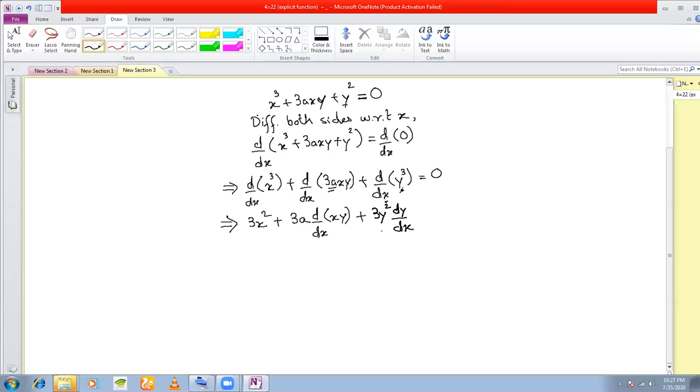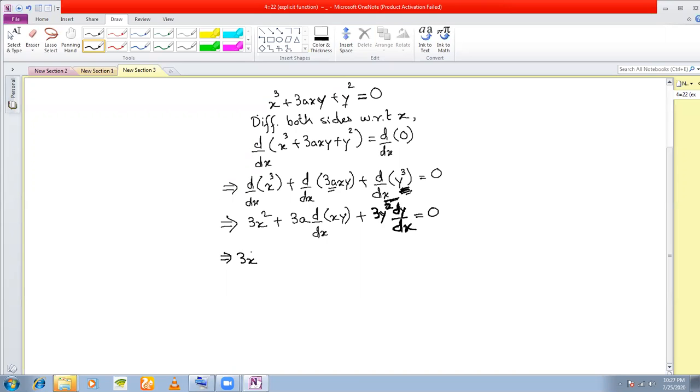So first you differentiate with respect to y to get 3y square, and then you differentiate y with respect to x. That is how you do it.